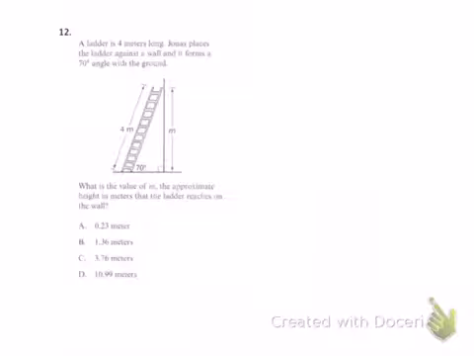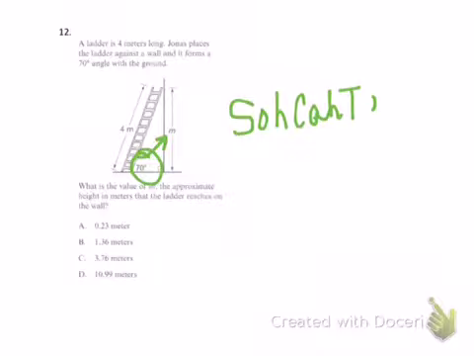A ladder is 4 meters long. Jonas places the ladder against the wall and forms a 70-degree angle with the ground. What is the value of m? Approximate the height in meters that the ladder reaches on the wall. So I know that this is going to be my theta. m is my opposite side and 4 is my hypotenuse. So if I use SOHCAHTOA or my formula sheet, I'm going to have to use sine because that's what compares opposite and hypotenuse.